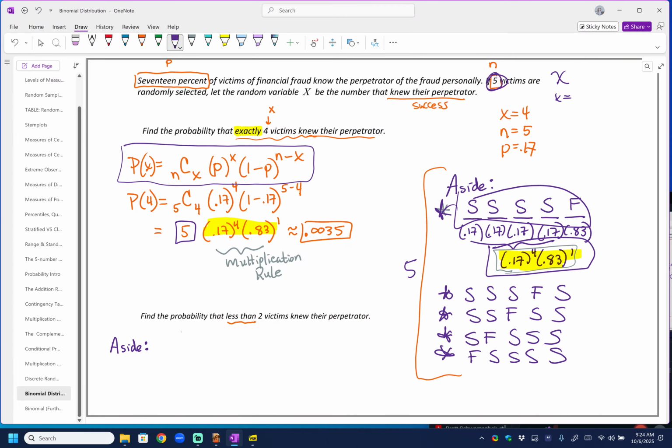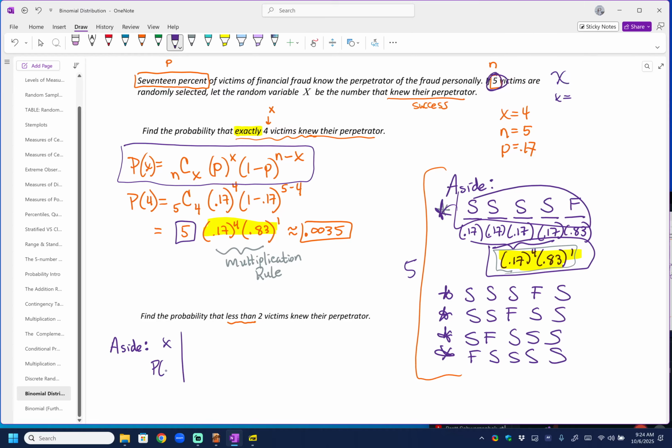So what if I was to create what looks like a probability distribution for this, but I'm just going to ignore the probabilities for now? Then x would be the possible number of perpetrators who knew the victim, or vice versa. In our scenario, we had 4 as a possibility.